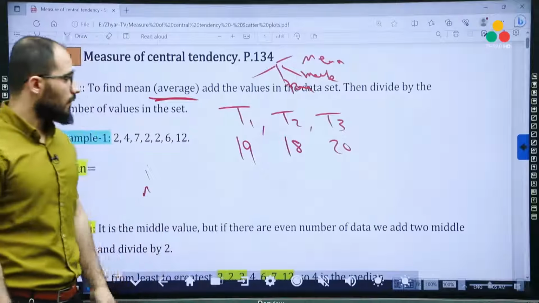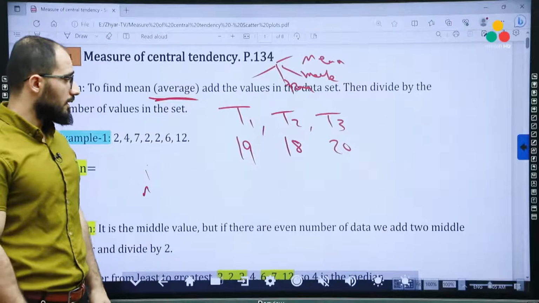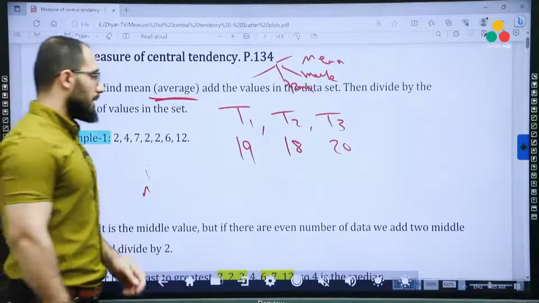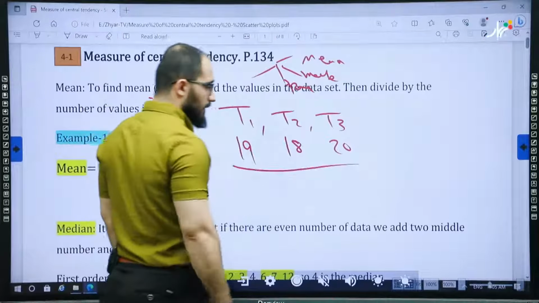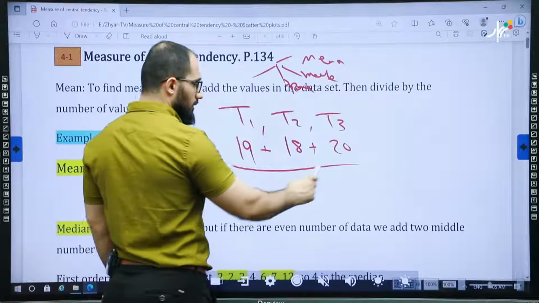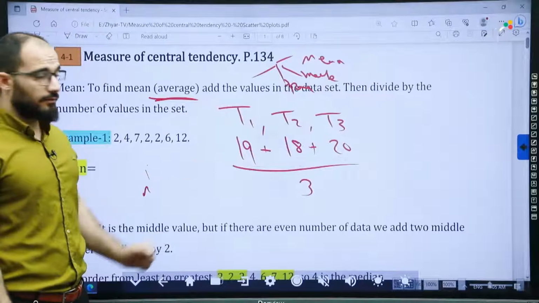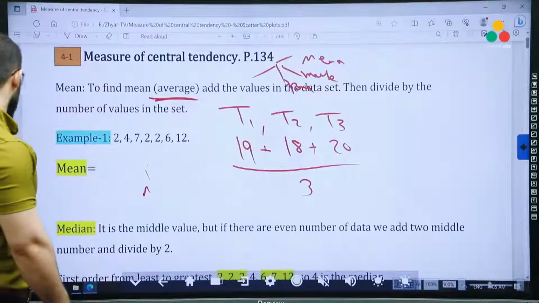Then you ask your teacher which test you are going to choose, and your teacher says to choose the average. It means add all of them and divide by the 3 tests. This is the definition.